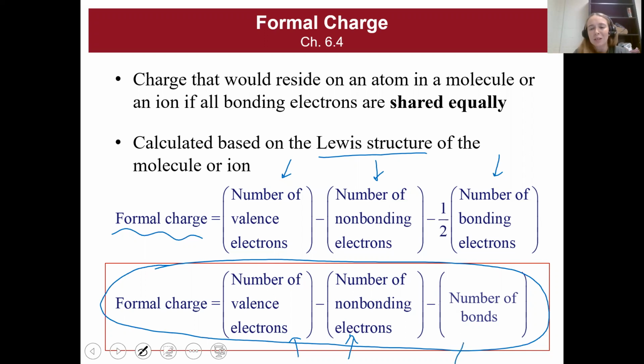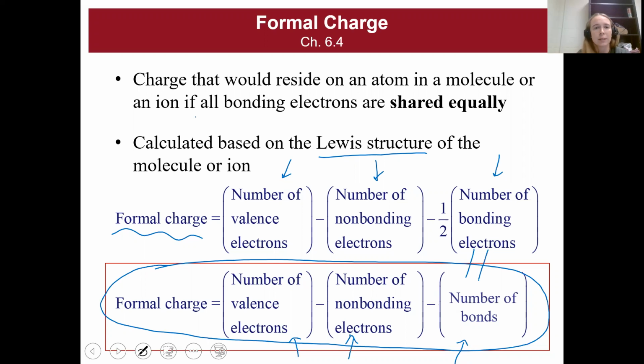And then just subtract the number of bonds attached to that atom, because the number of bonds is equal to 1/2 the number of bonding electrons. So the reason we do 1/2 the number of bonding electrons is because there's 2 electrons in a bond. So then we have to do half of that to get the 1 electron that is associated with that atom.